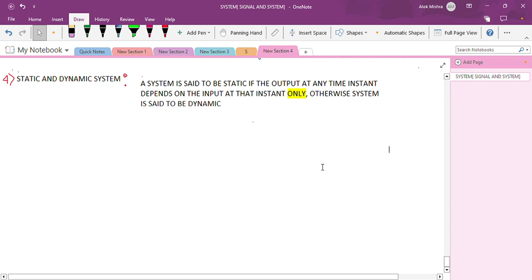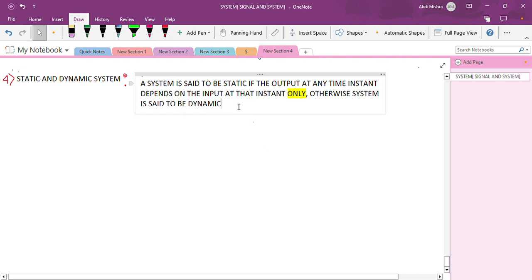Note down this one. A system is said to be static if the output at any time instant depends on the input at that instant only, otherwise the system is said to be dynamic.